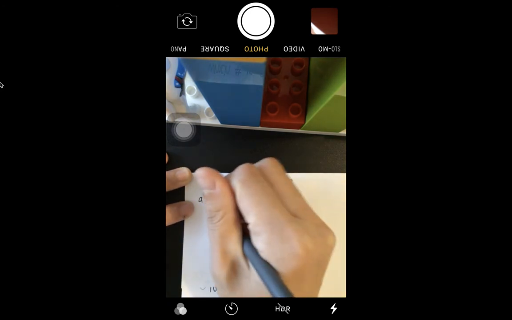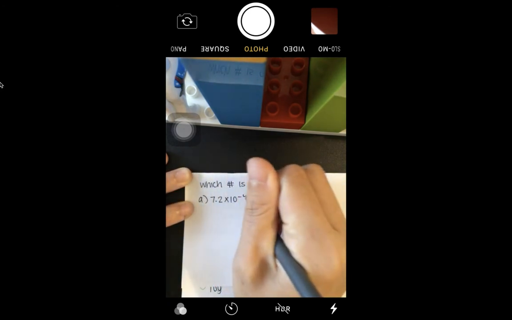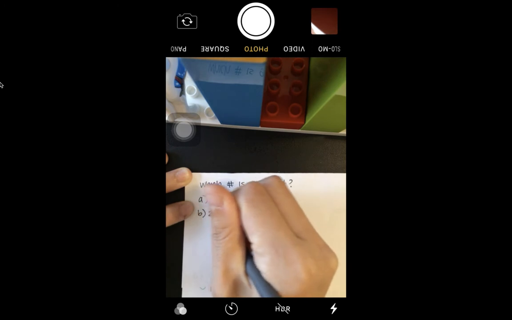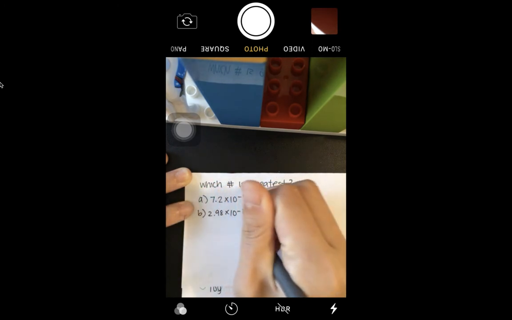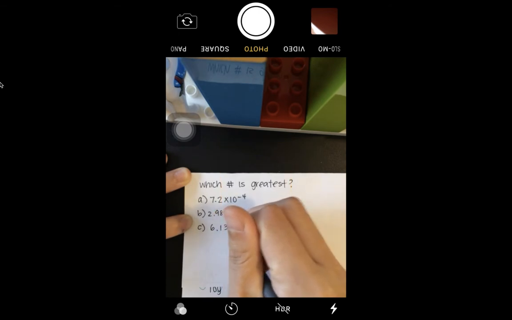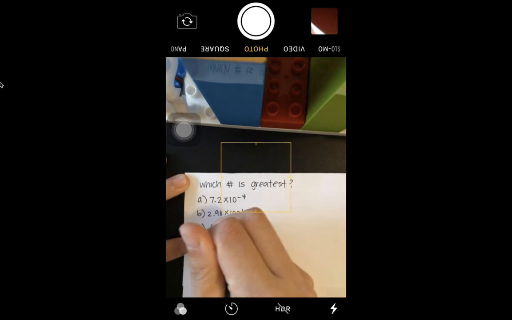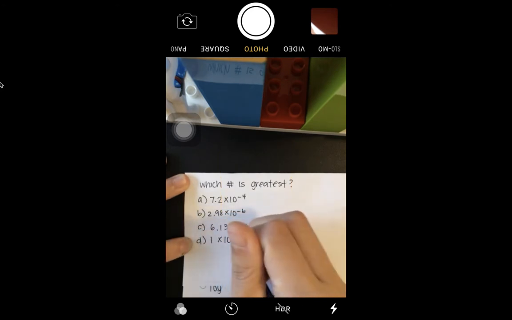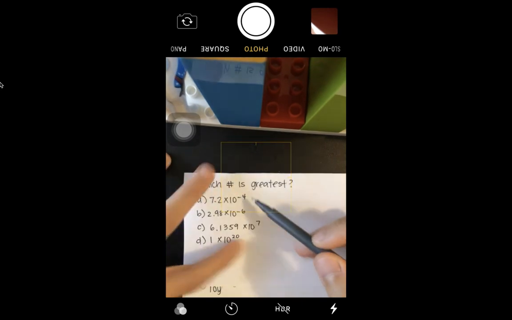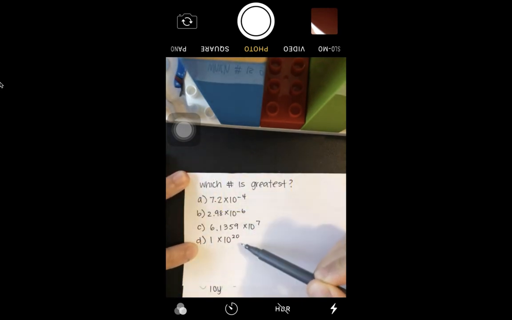You have 7.2 times 10 to the negative 4th, or 2.98 times 10 to the negative 6th, or 6.1359 times 10 to the 7th, or 1 times 10 to the 20th power. Okay, here are my 4 answer choices. It's a multiple choice question. Which number here would give me the biggest number, basically? Don't solve it. Just look at it and see if you can figure it out.